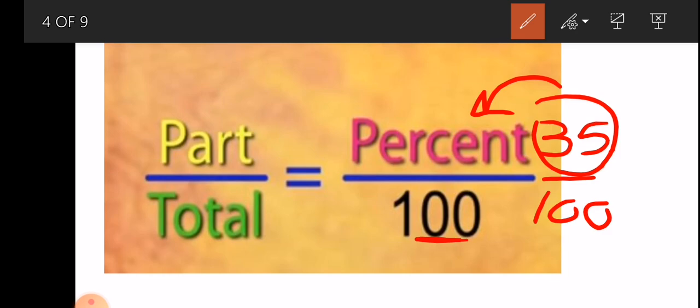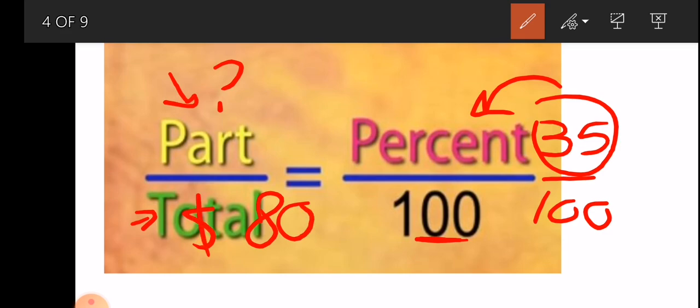It's equivalent to a part from the total, which is how many from the $80. So my total here is $80, and I want to tell what is the part from the $80 which is equal to 35%. So keep it as a rule that always the percent over 100 is equal to part over total.